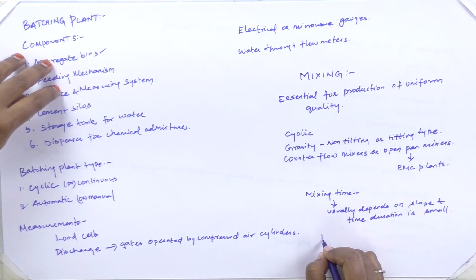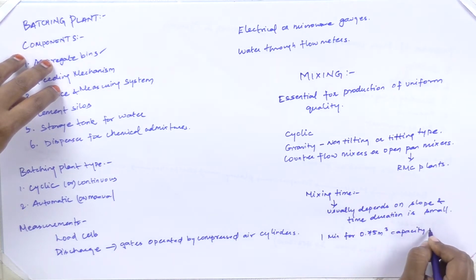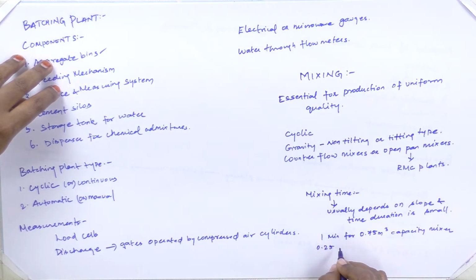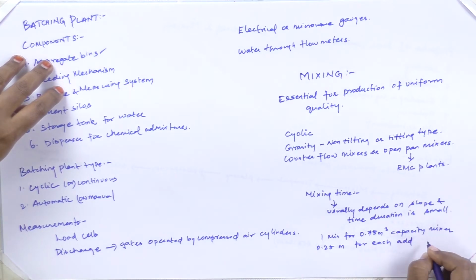This mixing time is 1 minute for a 0.75 meter cube capacity mixer, and an additional 0.25 minutes for each additional capacity.